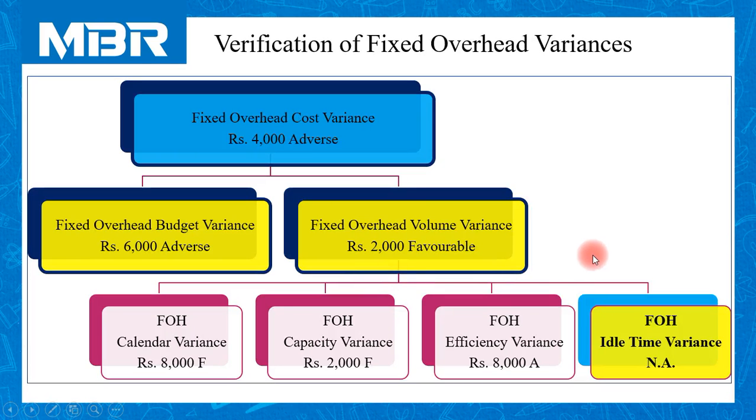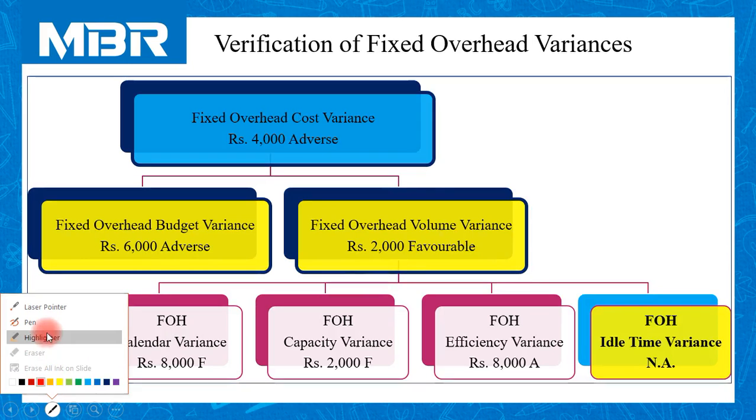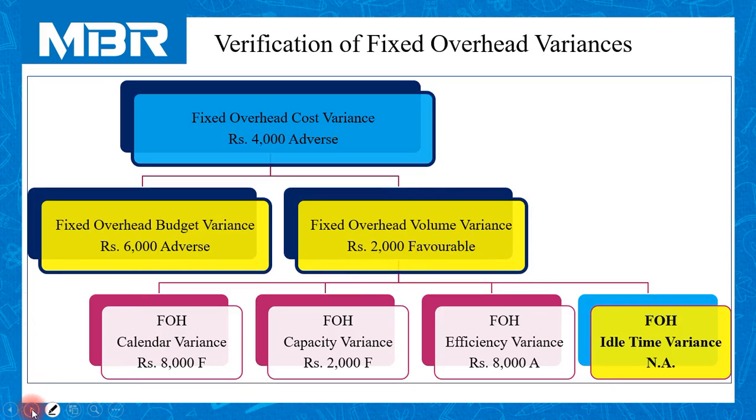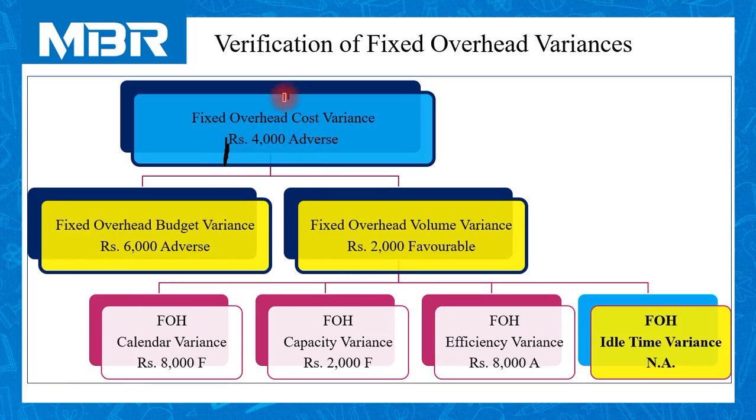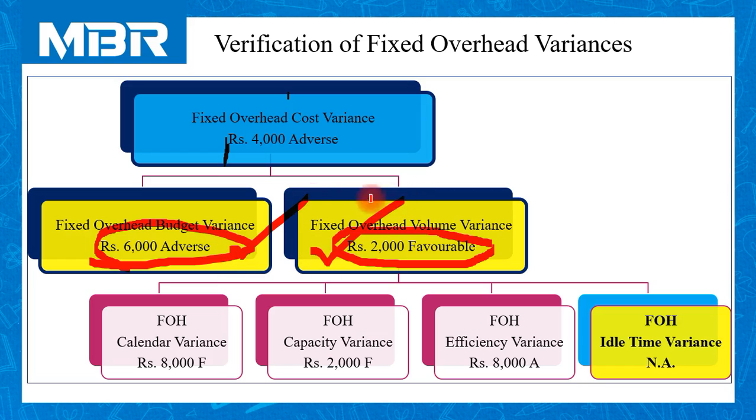Let us move to the verification of the data. Fixed overhead cost variance is 4000 adverse. Fixed overhead budget variance 6000 adverse. Volume variance 2000 favorable. 6000 adverse, 2000 favorable equals 4000 adverse.